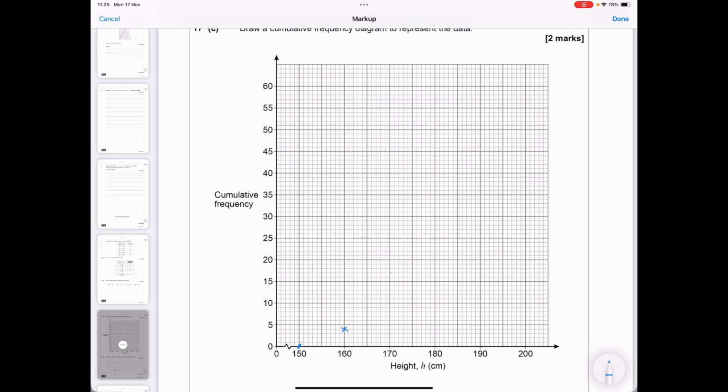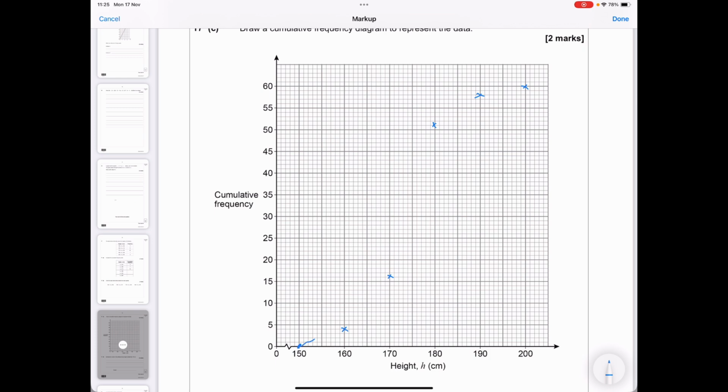So that would be there. We have 51 at 180. So that's gone up quite a lot there, and mostly in that bit. Then we have at 190, we have 58. And 200 is an extra 2, so that's that.